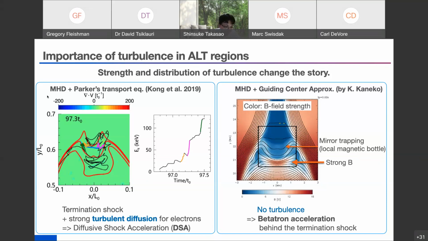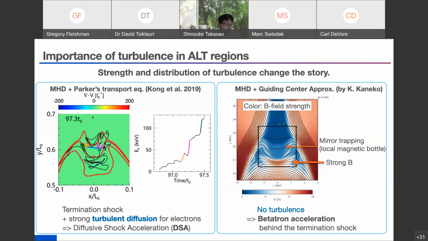Here, again, I'm showing the numerical work by Kong et al., which combines MHD equations and Parker's transport equations. The black line shows the trajectory of electrons, and the red line shows the magnetic field structures.